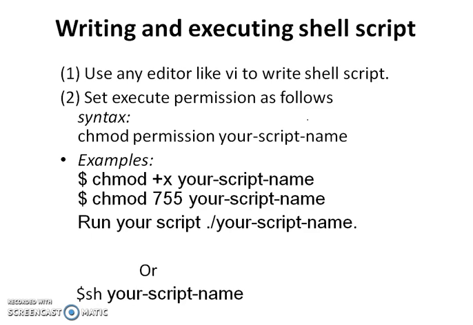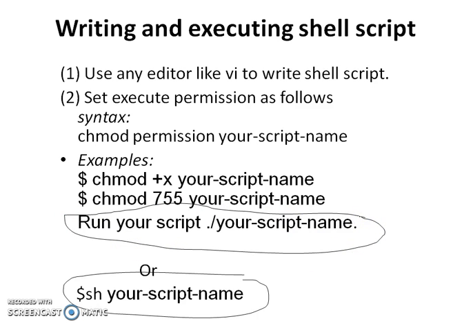Then after writing your script, you execute it in two ways: either directly by using sh and your script name, or you can use the chmod command to change the file permission, and then run your script using ./scriptname. So if your script name is, suppose, abc, then you first use chmod 755 abc, and then you use ./abc, or you can directly use sh abc.